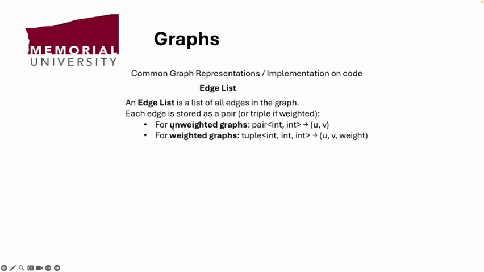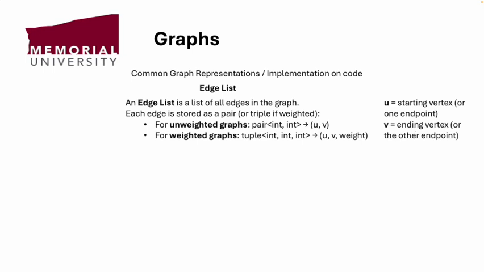So for example, if unweighted, we just use a pair: from the start vertex until the end vertex. Weighted, we add one more, right? Start vertex, end vertex, and their weight. U is the start vertex, V is the end vertex. So we're using the edge list to define the graph.